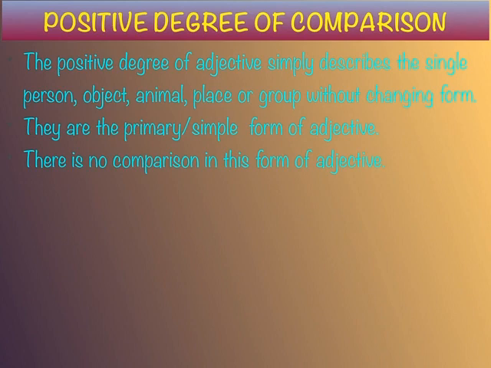So the positive degree of comparison is considered to be the simple or the primary form of adjective which does not undergo any changes, and it is used to describe a single person or a single object, single animal, or a group of animals, but which is only singular in number, and there is no comparison in this form of adjective. Let's see the example.